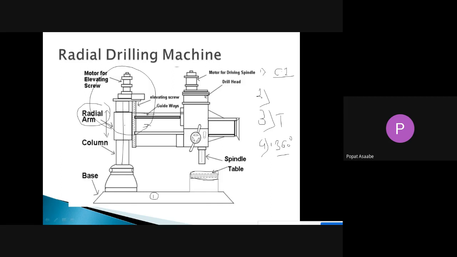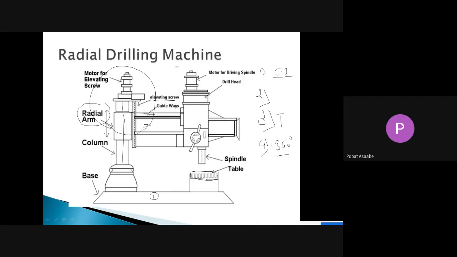To move this radial arm in upward and downward motion, we have attached one elevating screw here. With the help of that elevating screw we can move this radial arm in upward and downward direction.